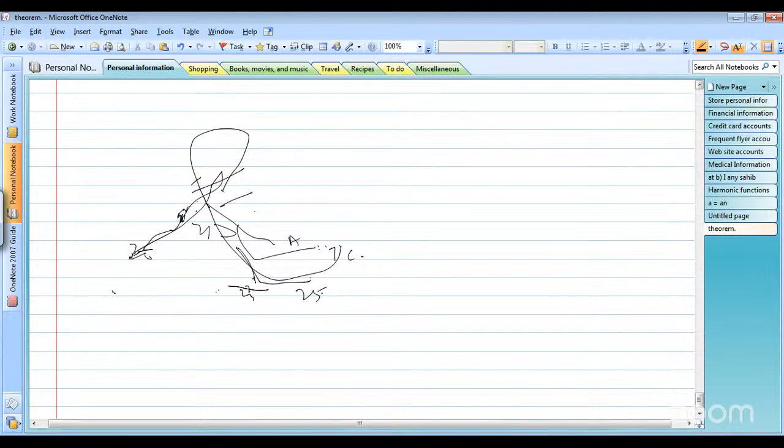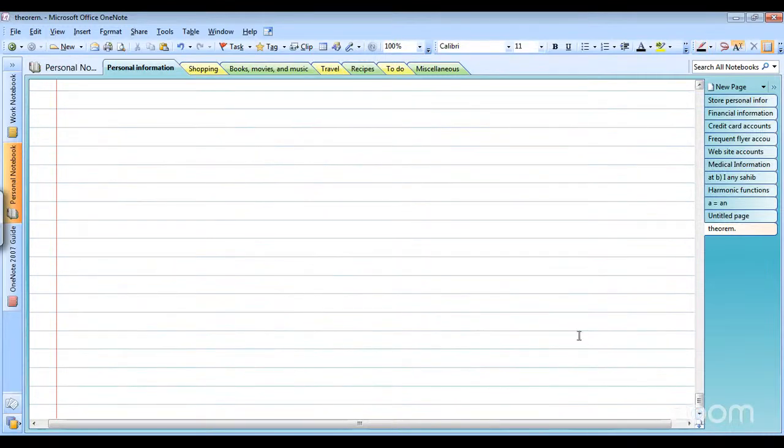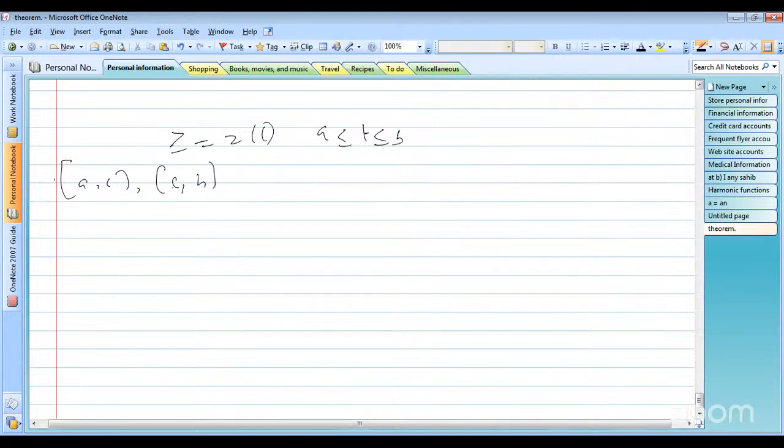Let us see any curve defined by z is equal to z of t, a less than or equal to t less than or equal to b. Suppose c is a number between a and b. Let the two arcs of C, obtained by varying t in the intervals a comma c and c comma b, be denoted by C1 and C2 respectively.